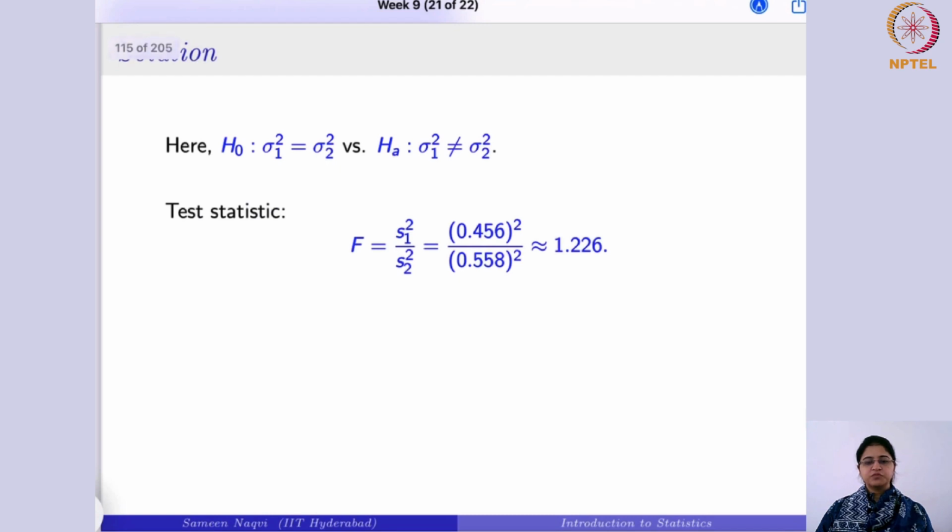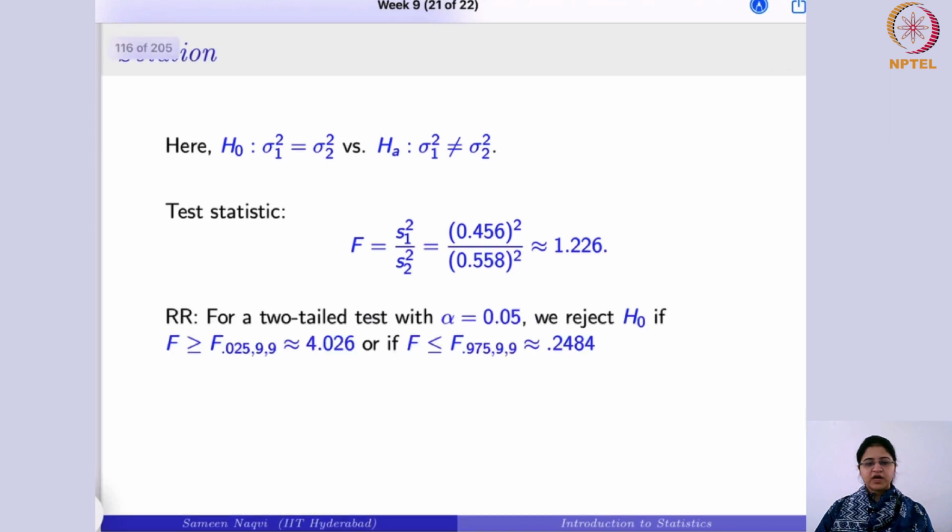The test statistic would be simply, you can substitute the sample variances. Because you have the data set, you will calculate x1 bar and x2 bar, and likewise you can get s1 square and s2 square also. So you will substitute it over here. What you get is approximately 1.23. If you look at the critical values from the table, or use the software, you can easily get them.